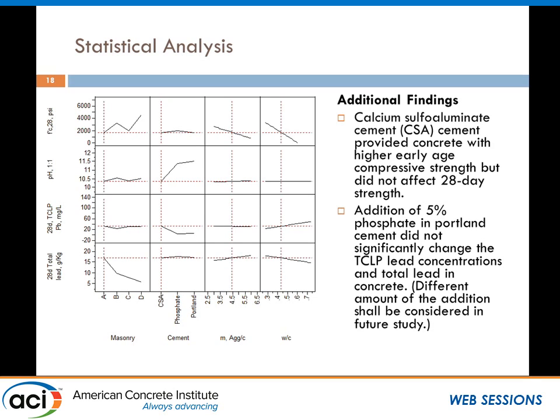Another thing is adding 5% of phosphate in normal Portland cement, and with this 5% addition, there's really not much significant change in TCLP leachability. That shows 2 things. If you want to add more, it's possible, but it might not be cost effective at that point.